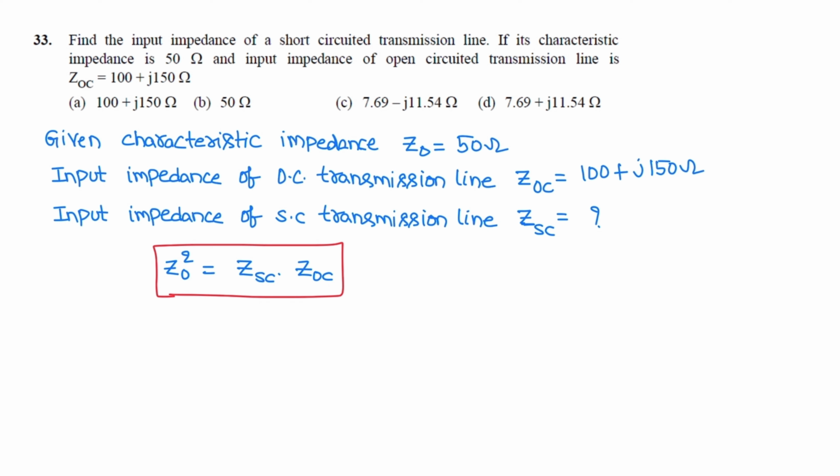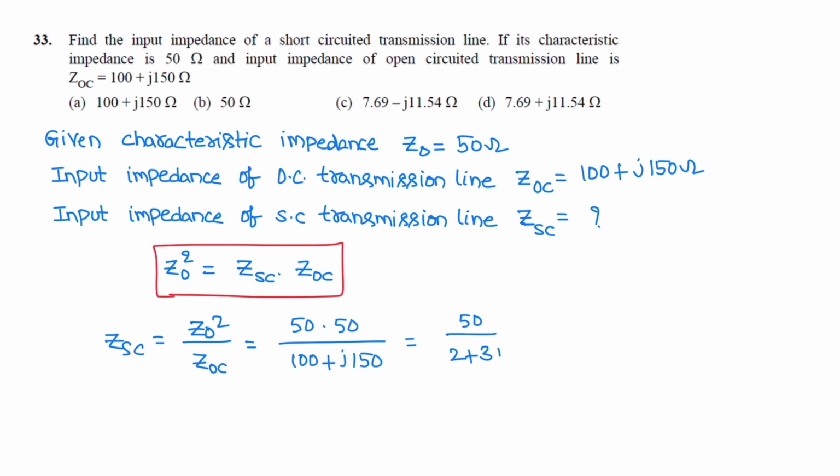So ZSC is equal to Z0 square by ZOC. So 50 square divided by 100 plus J 150. So this is 50 by 2 plus 3J.